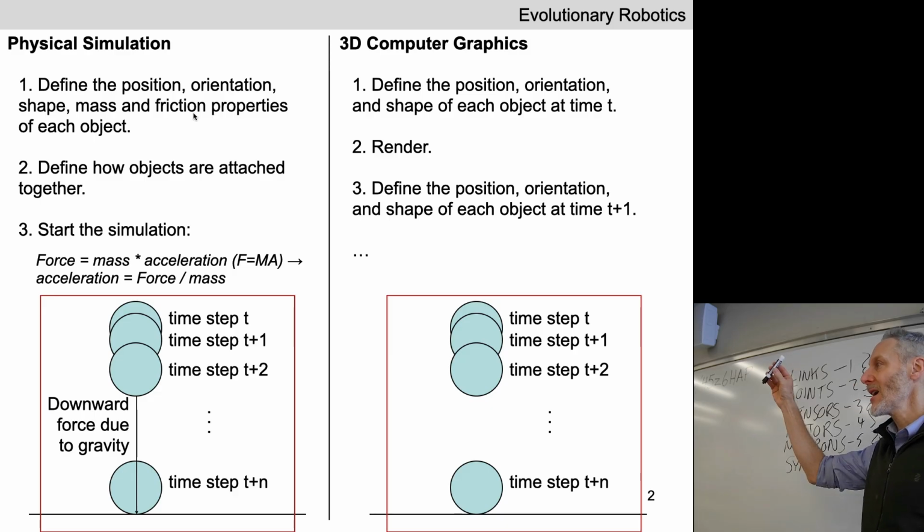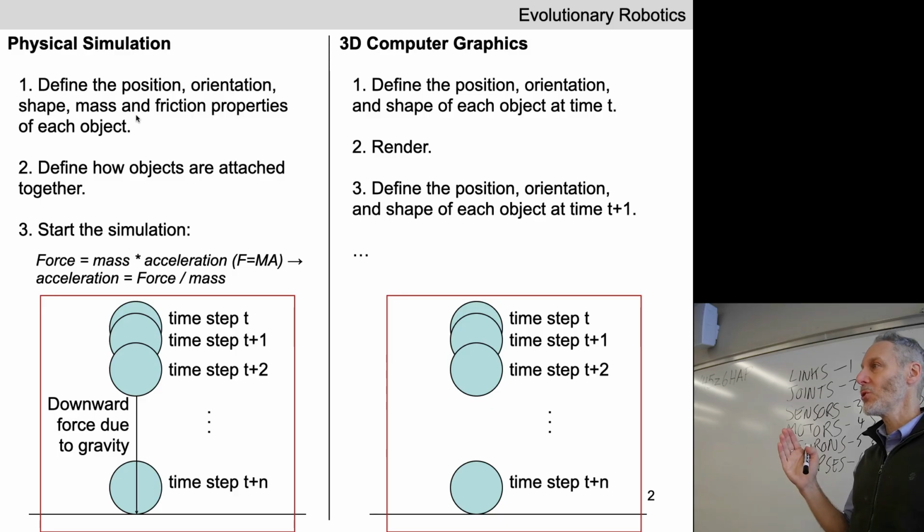Is this object covered in sandpaper or is it smooth? What happens when this object comes into contact with other objects? You would define some additional information. You do some additional work up front, but you would recoup that manual effort once you turned on the physics engine and things started rolling.